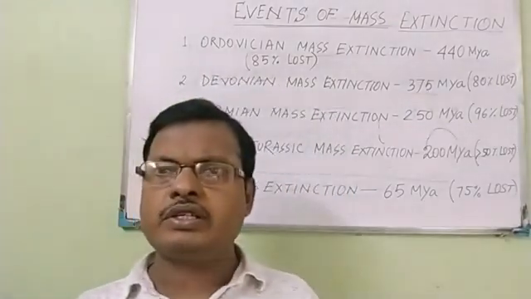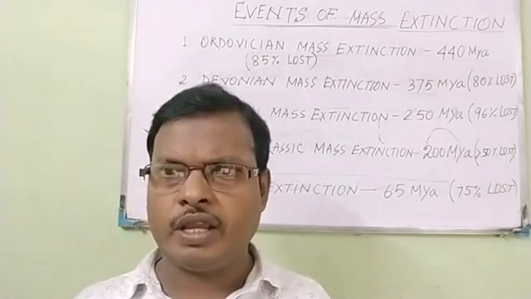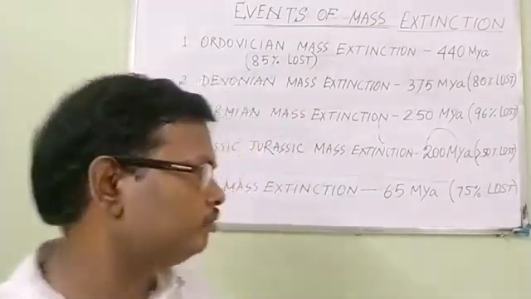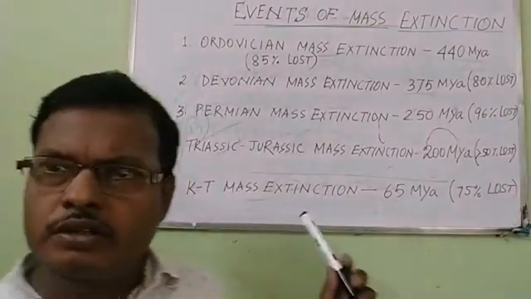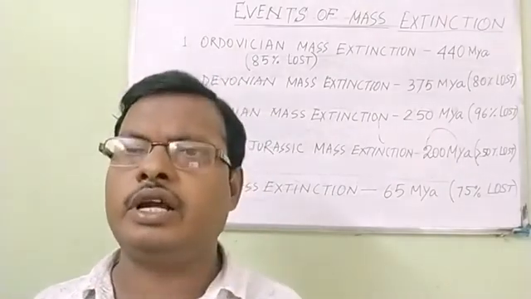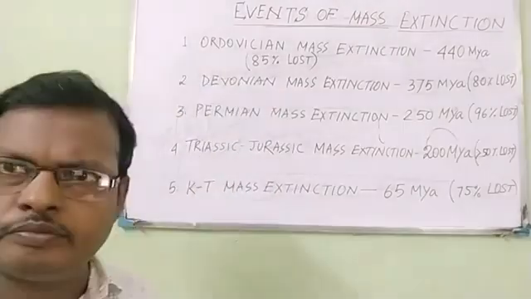KT mass extinction is very important in the dispersion or adaptive radiation of mammals. This is also called the KT boundary. The Mesozoic era terminates and the Cenozoic era starts during this time.